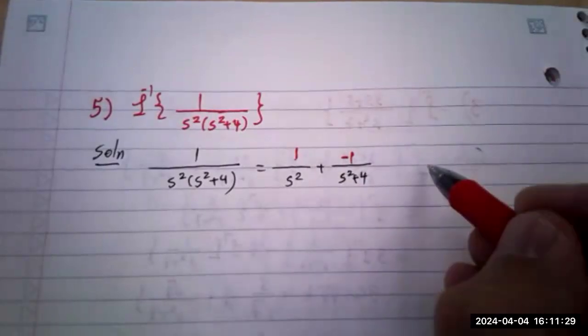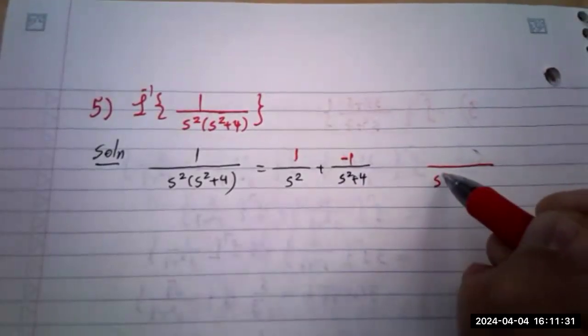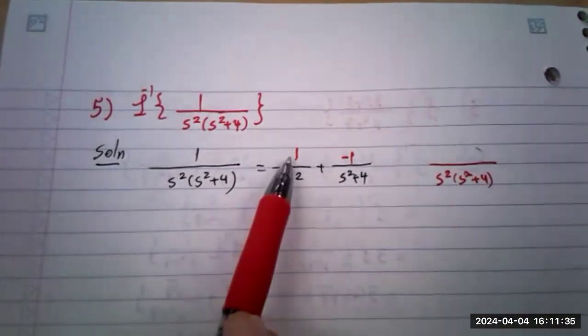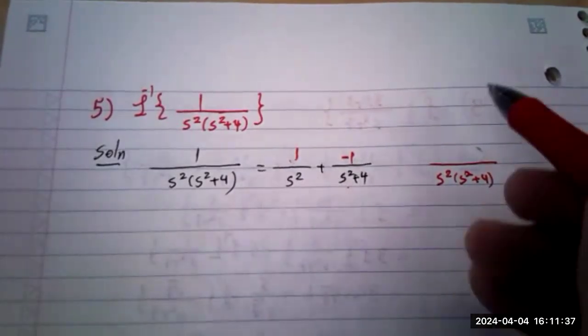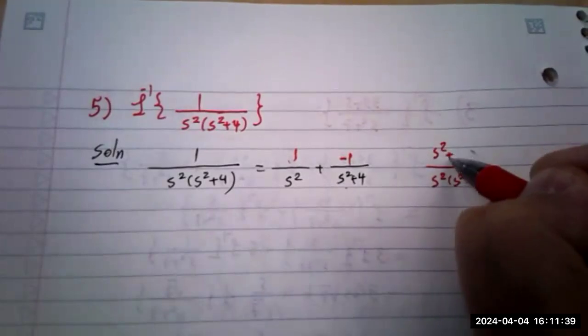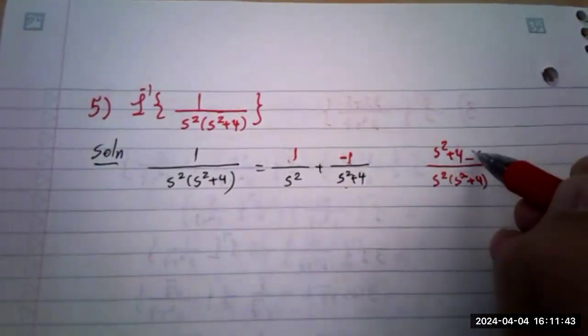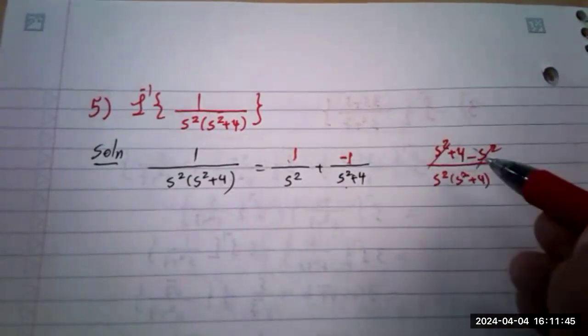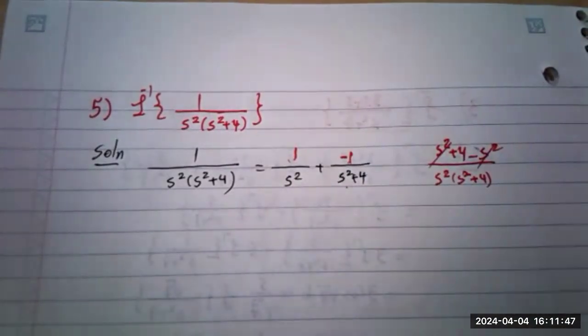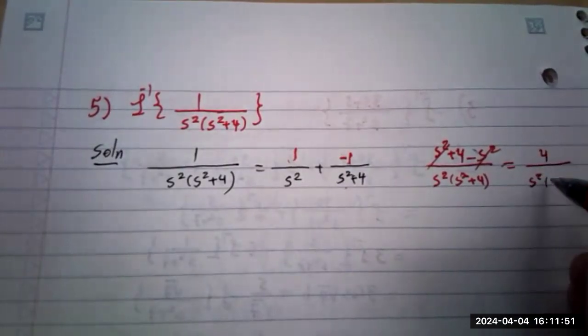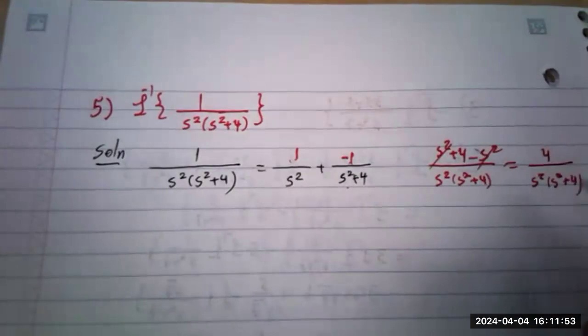So if you've done it, you know that the denominator would be S squared times S squared plus 4. The top would be what? 1 times S squared plus 4, minus S squared. So this would cancel out. The result would be what? The result would be 4 over S squared times S squared plus 4.